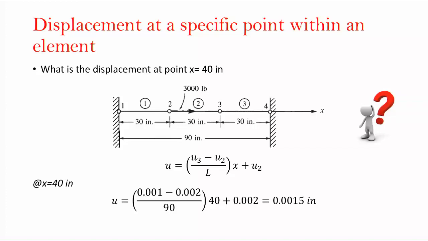Since we know the values for U2 and U3, and x equals 40 inch, the location of the point that we are interested in, this would be the final result, by assuming that the displacement is changing linearly within the element.